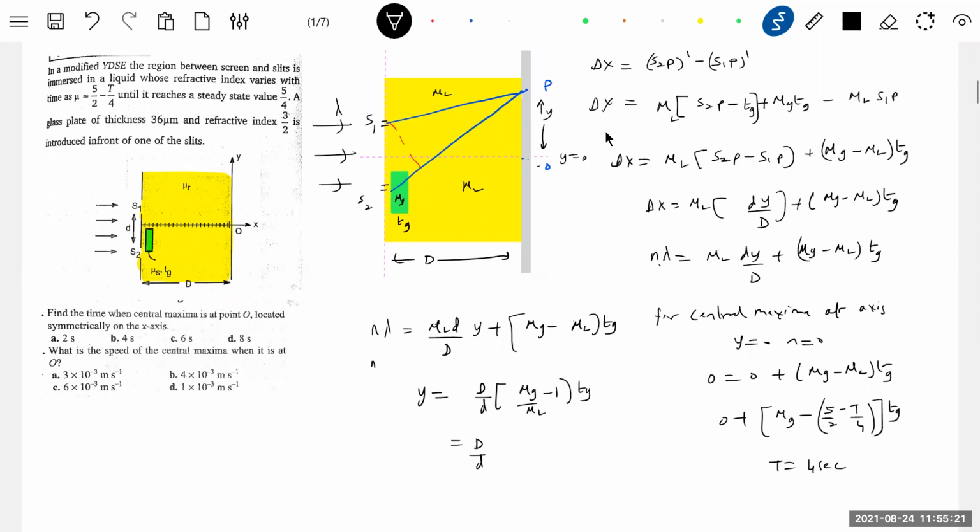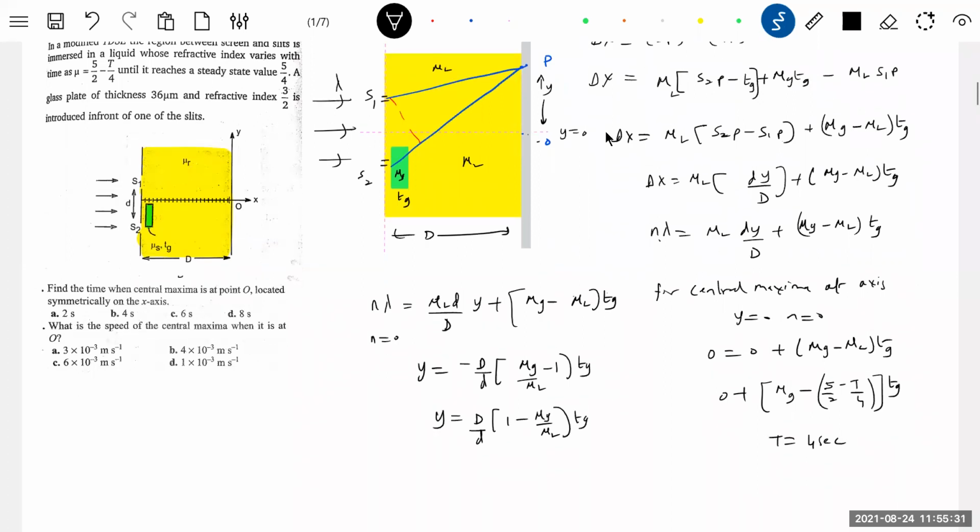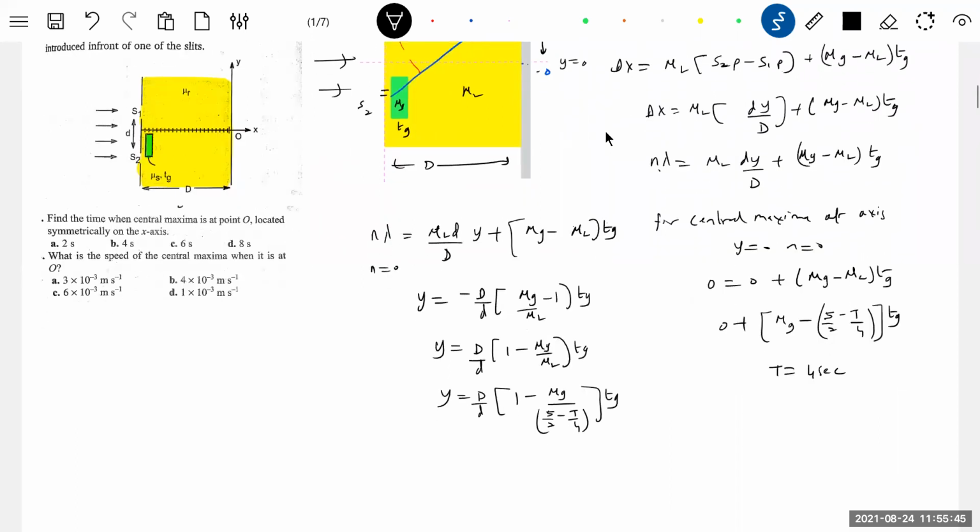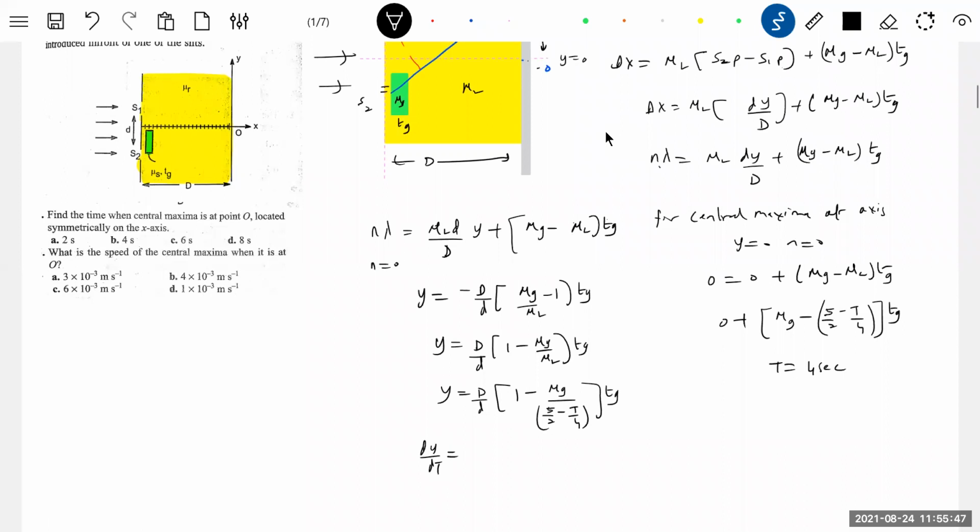Capital D by small d. N equal to 0, then we are writing this equation: minus of, so this will become 1 minus mu G by mu L into Tg. Now we substitute the mu L value, which is 5 by 2 minus t by 4, then you differentiate. dy by dt will become plus D mu G Tg by small d.